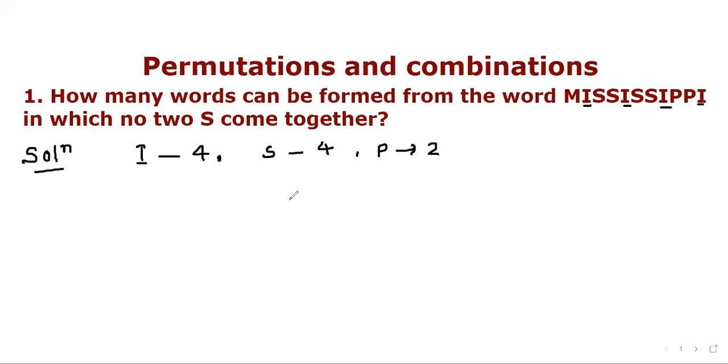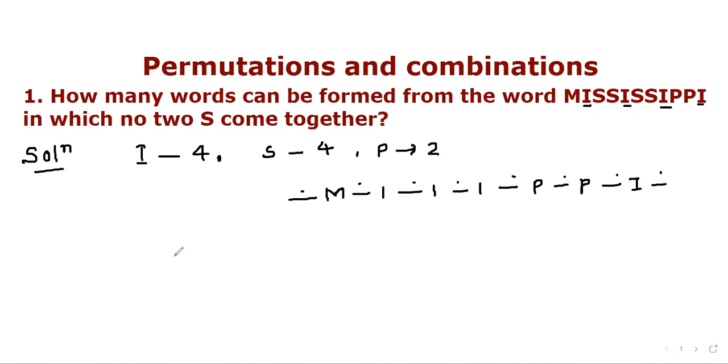So let's arrange it, leaving the space for S. Now, here there are eight spaces, 1, 2, 3, 4, 5, 6, 7, 8, where S can be accommodated.